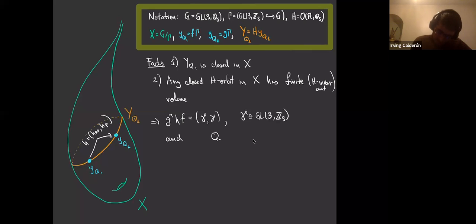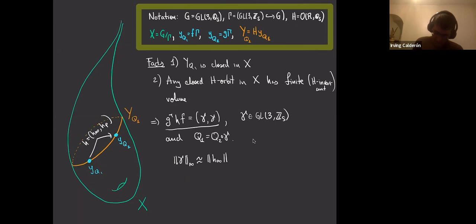And it takes Q2 to Q1. So comparing the real and the p-adic coordinates in this equality, we see that the infinity norm of gamma is roughly the norm of h infinity, and the p-adic norm is roughly the norm of hp.